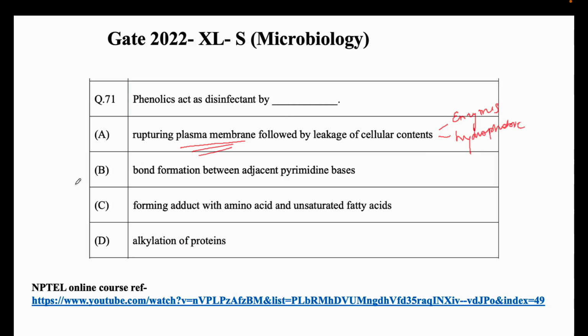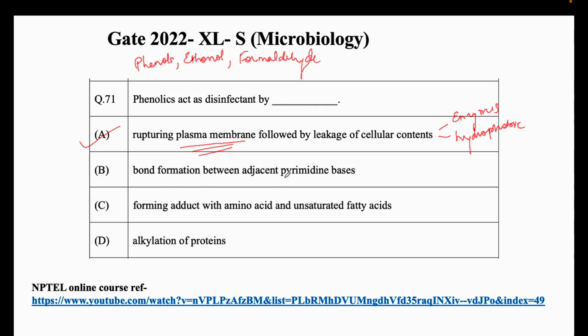So the correct answer is A, rupturing the plasma membrane. Always remember phenol, ethanol, formaldehyde, which are present in the sanitizers and disinfectants we use, generally rupture the plasma membrane of microorganisms.